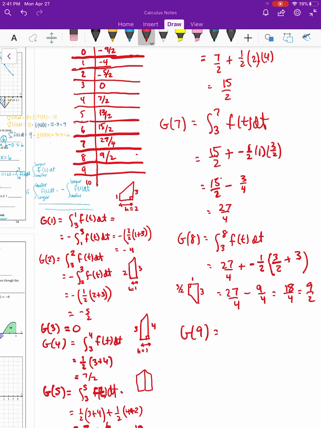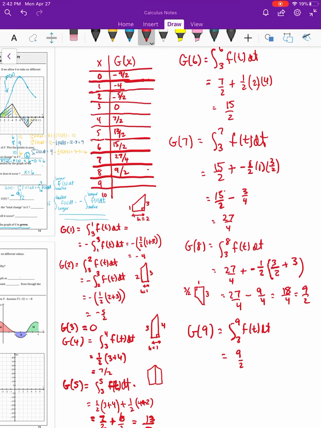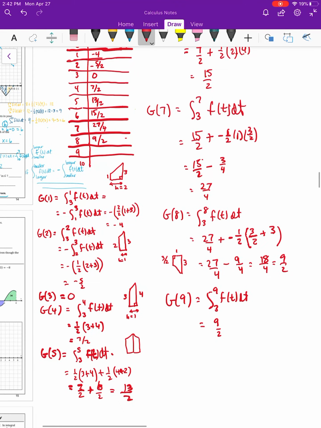And then our g of 9, I've got 9 halves, right? Or, well, I guess I forgot to write the integral from 3 to 9. Sorry about that. This is our integral from 3 to 9, f of t dt. And we already know that integral from 3 to 8 is 9 halves. Now, what about from 8 to 9? So, again, we're negative, and it's a trapezoid.